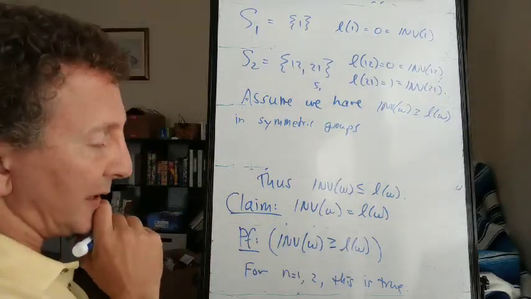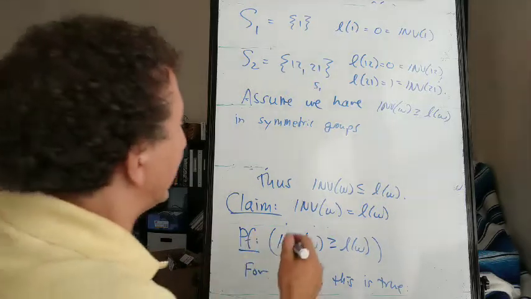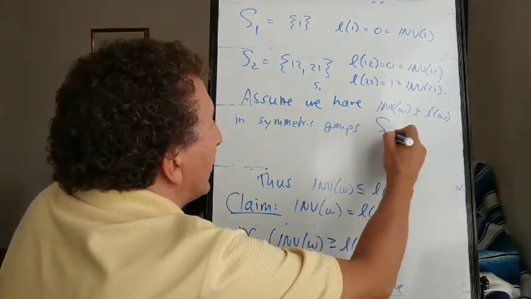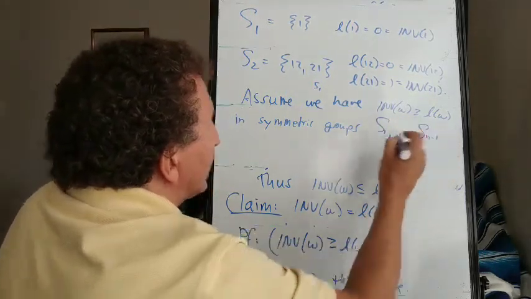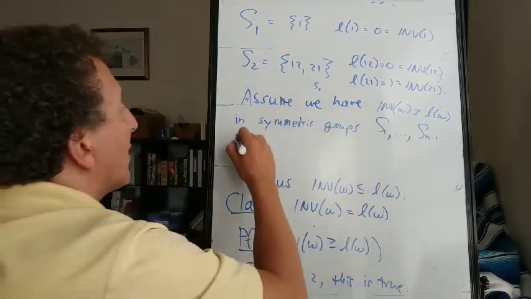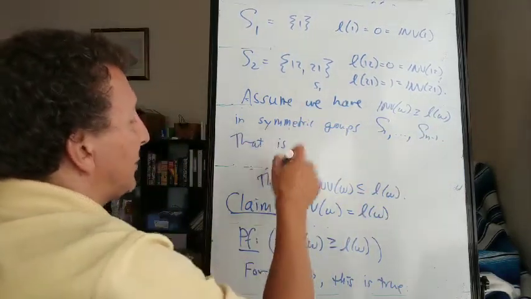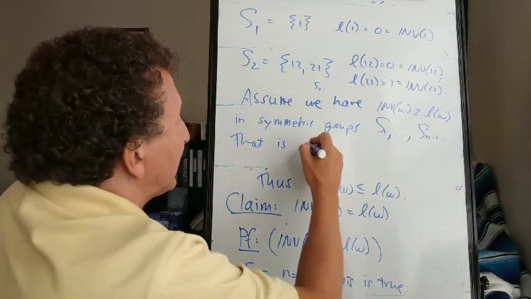I think I'm going to use n minus 1 for my assumption here, so capital S1 through capital Sn minus 1. That is because we proved the other direction of the proof first.